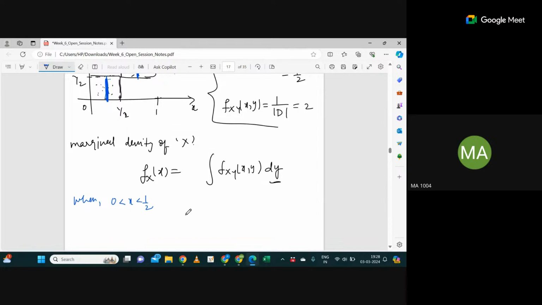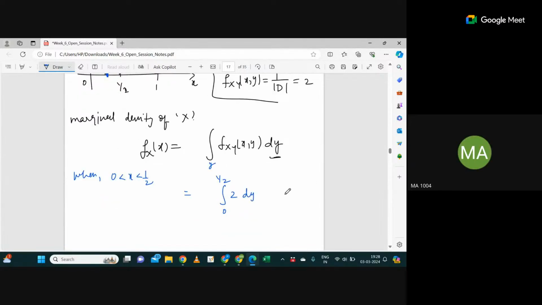I have to integrate the joint density 2 dy. And what is the limit of y here? Only half, 0 to half. So it will be 2y from 0 to half, and we get 2 times (1 by 2 minus 0), which is 2 by 2, nothing but 1, right?